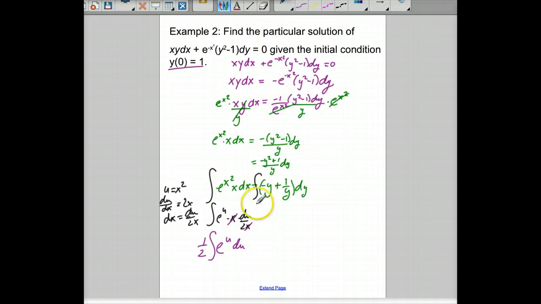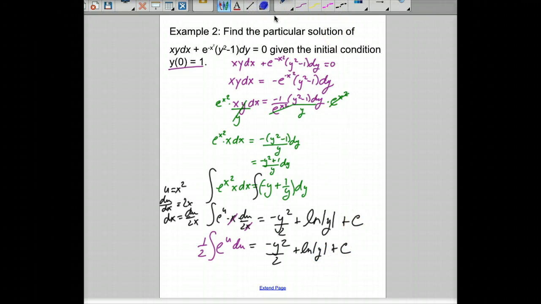And on the right side, the integral of negative y is negative y squared over 2, plus the integral of 1 over y is natural log of y. Throw in that constant there. So I have negative y squared over 2 plus natural log of absolute value of y plus a constant. That looks like an e.